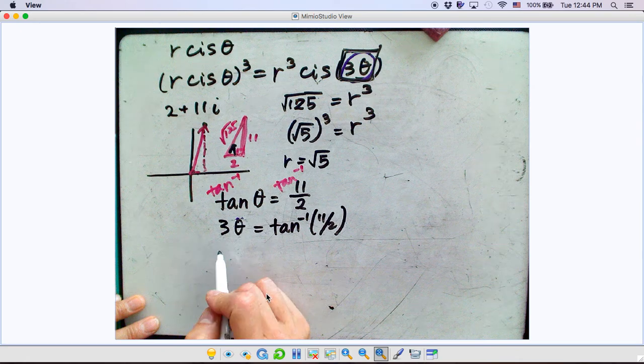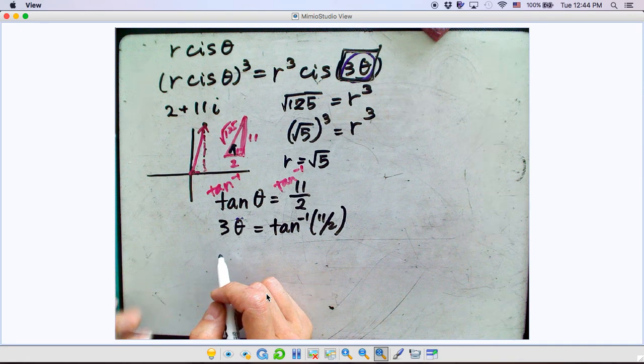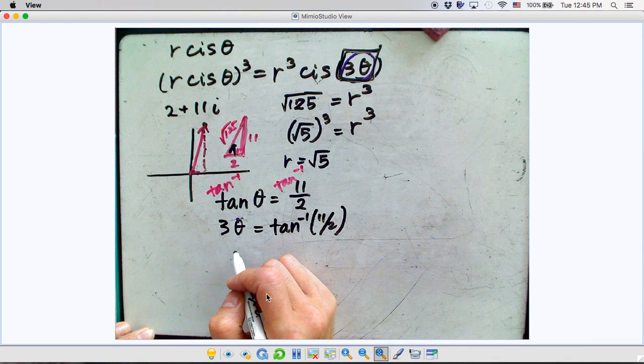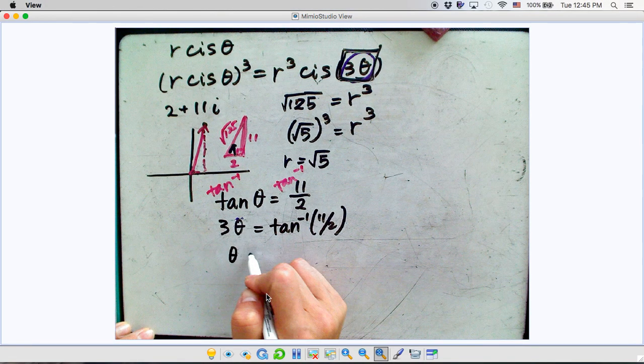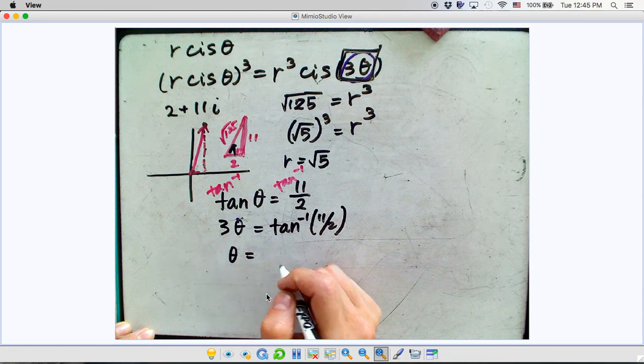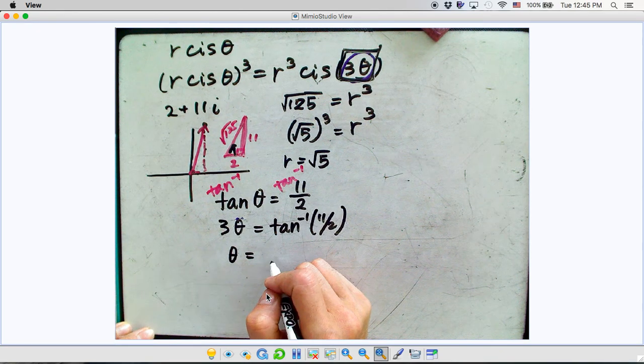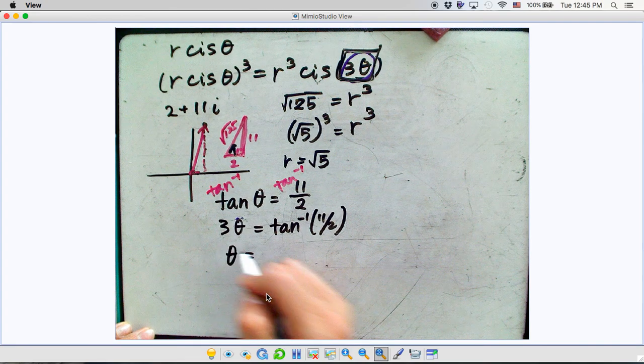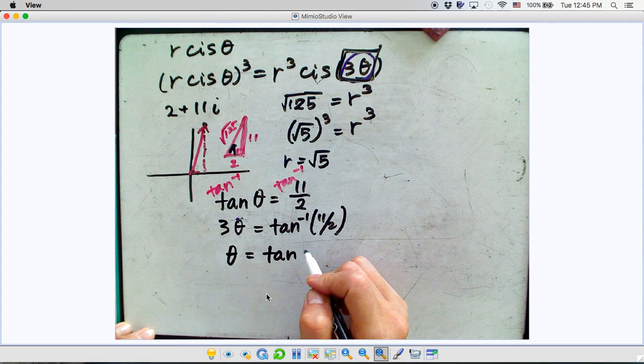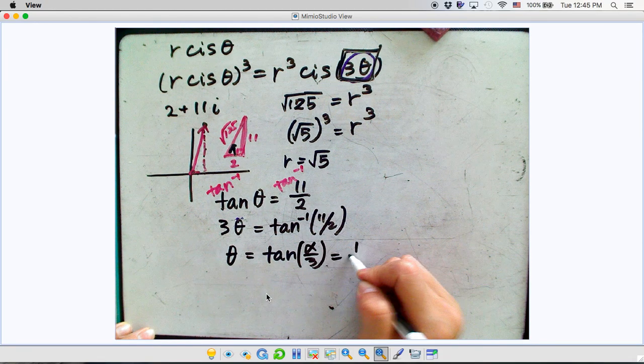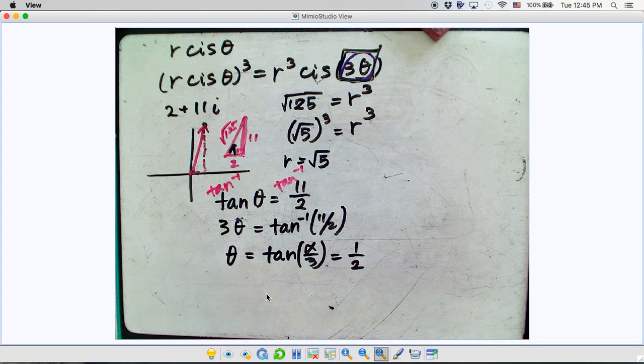So dividing by 3, using the calculator, I'm sorry, this theta should be equal to, tangent of alpha over 3 equals a half, using the calculator, right?